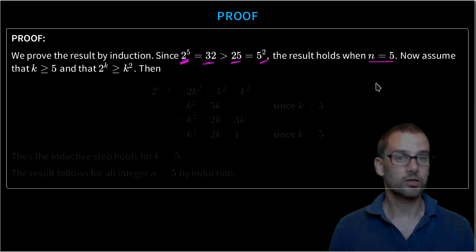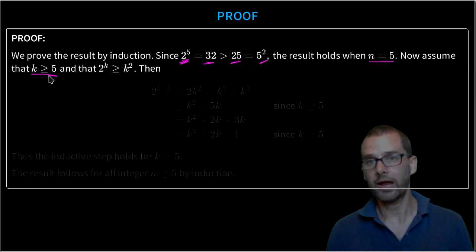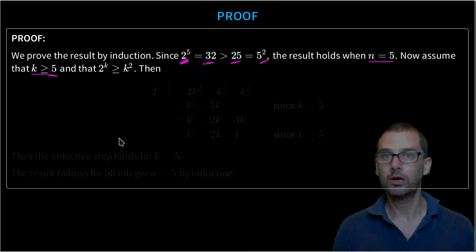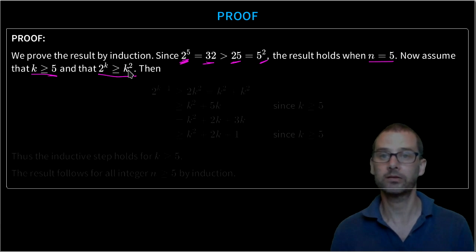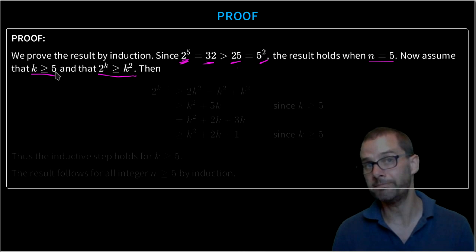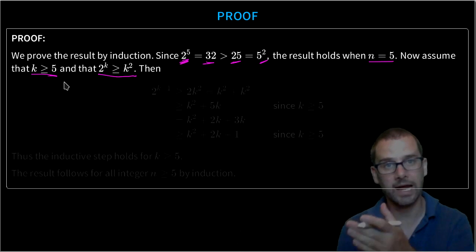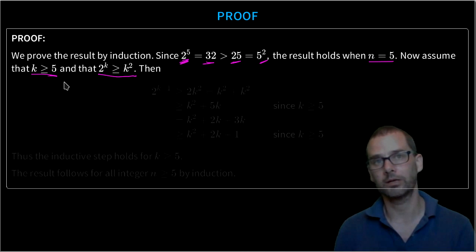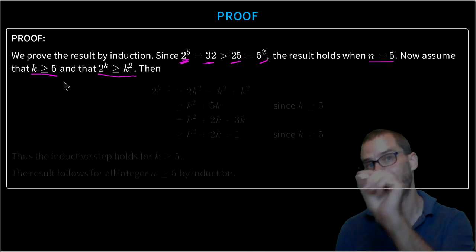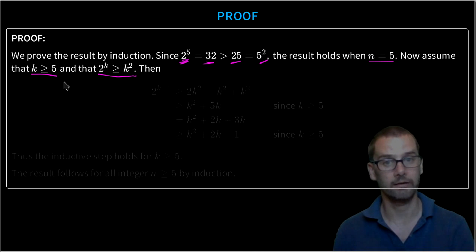Okay? So now we're going to play around with what happens when it's true for P of k, namely 2 to the k is bigger than or equal to k squared when k is bigger than or equal to 5. So we're doing our same inductive step, just now instead of k being bigger than or equal to 1, k is bigger than or equal to the place that we start, which in this case is 5.